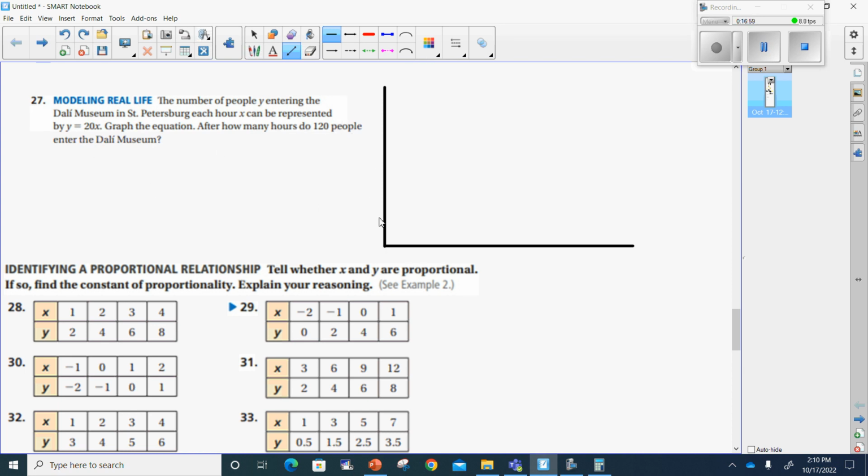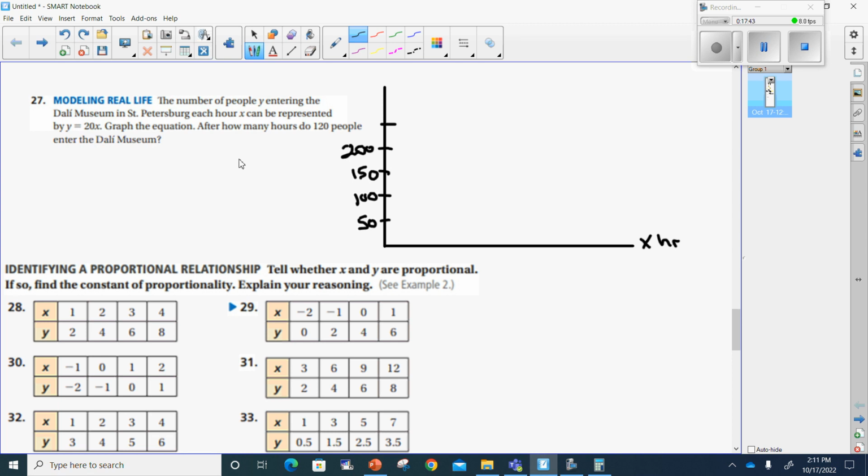So the bottom is going to be hours by X. Okay, and I'm going to put this by 50s. 50, 100, 150, 200, 250. This would be 200.